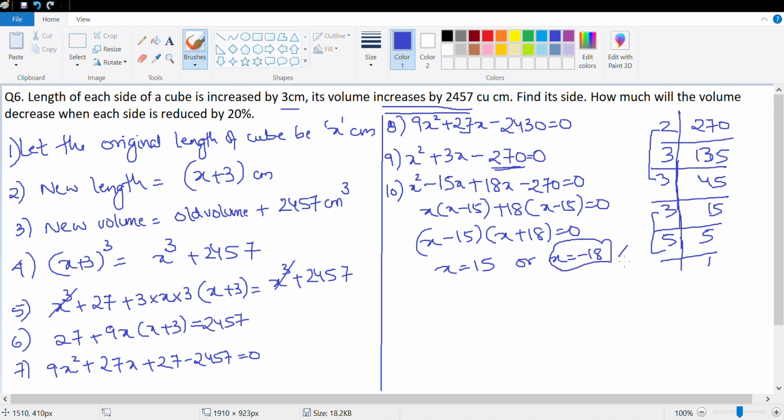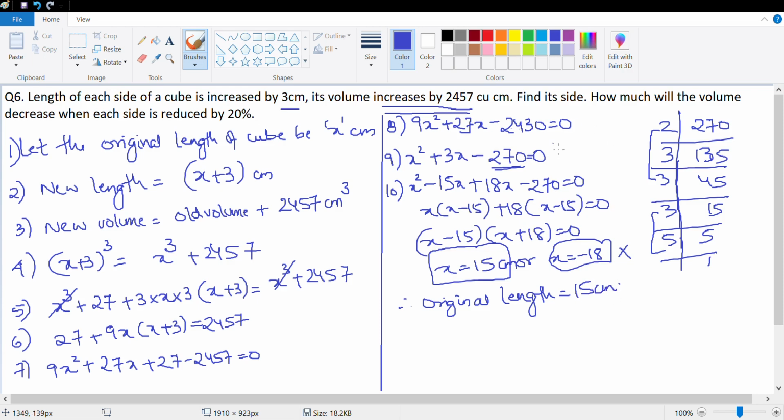Now since length cannot be negative, therefore x is equal to 15 centimeter. Therefore the original length is equal to 15 centimeter.